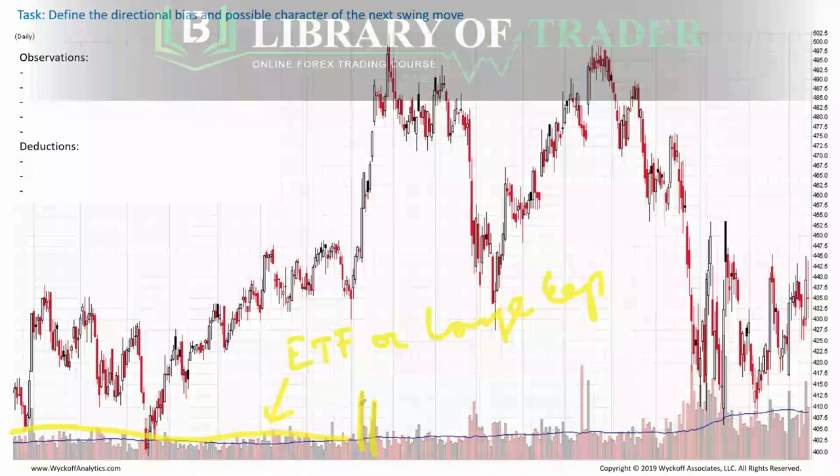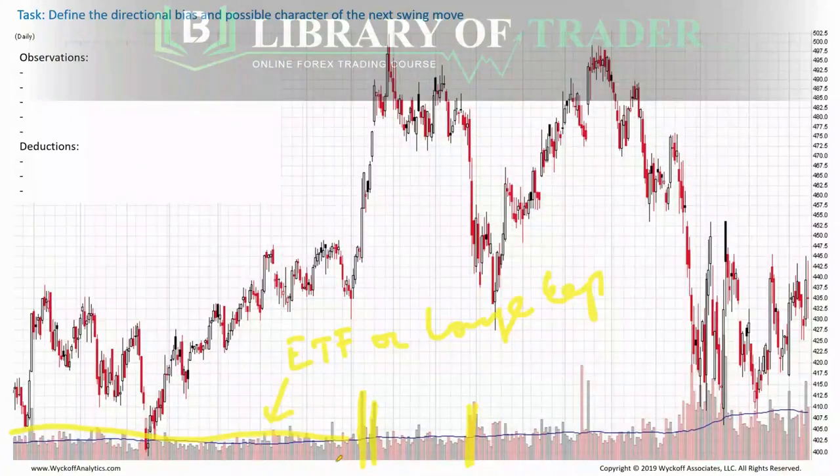There is this homogeneous behavior in the volume. It's the same, and only extremes are occurring at specific spots. Usually that type of volume behavior is associated with either ETFs or large caps.